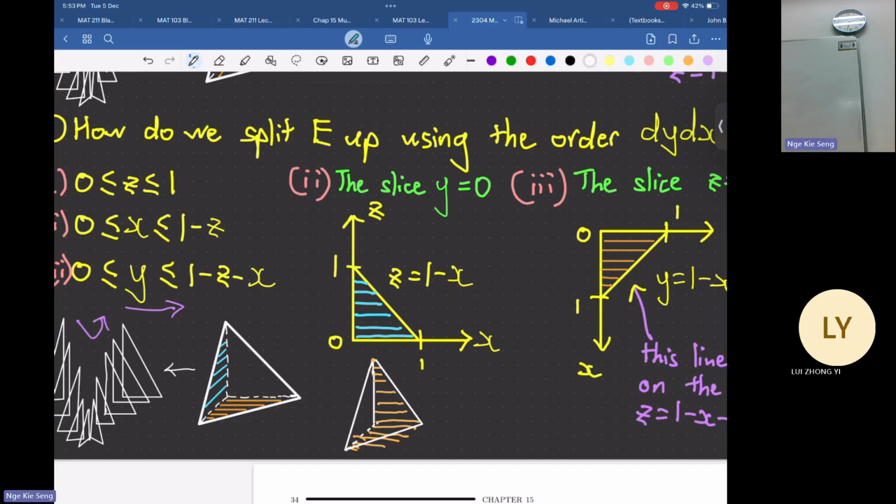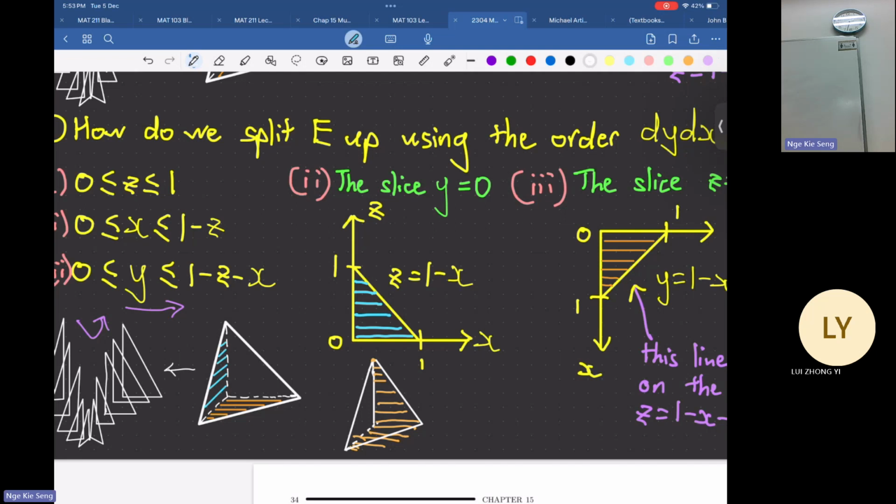Yeah. On this side, the Y is 0. And then when you go in, your Y will keep growing until you fill the tetrahedron. Does it make sense? Okay. We will repeat the exercise again next time.